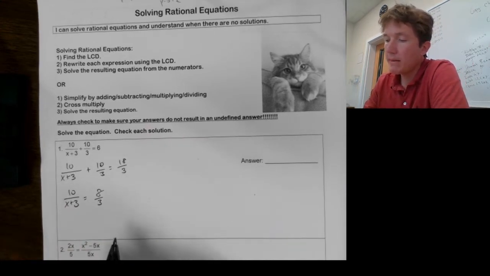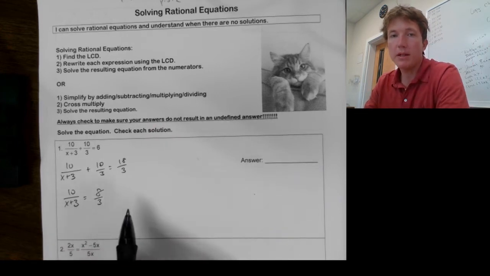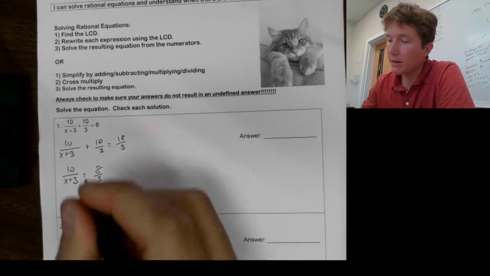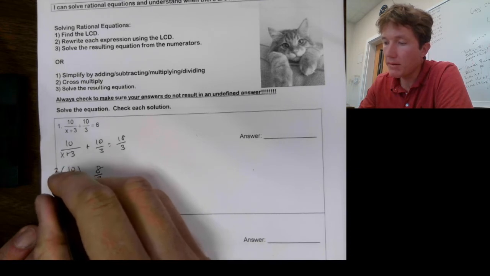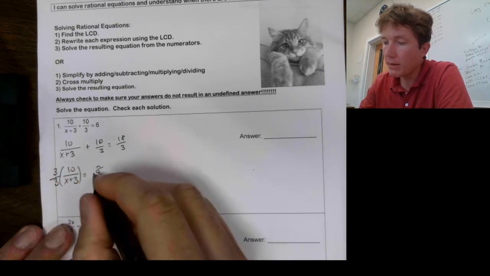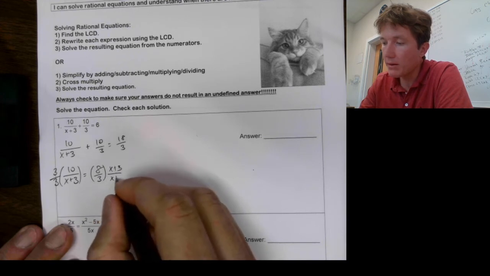Alright, and then since I want to get a common base here, this side has x plus 3 and this side has a 3 on the bottom. So what I'll do is I'm just going to cross multiply. So I'm going to multiply this whole side by 3 over 3, and I'll multiply this whole side by x plus 3 over x plus 3.